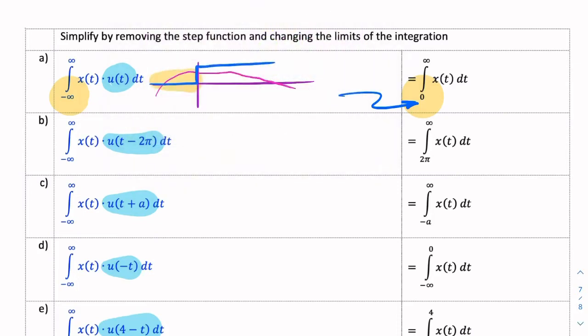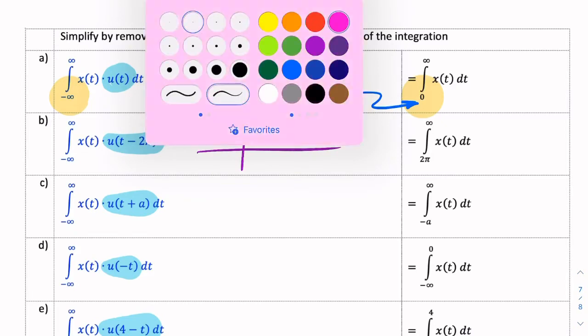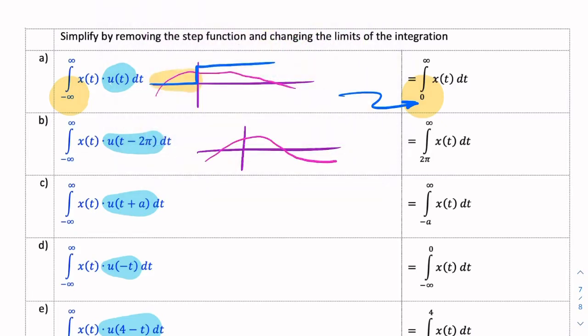So for the next question, it's exactly the same. We have a signal x of t, we don't know what that is, but it's multiplied by a shifted unit step. So the step starts at t equals 2 pi. So the unit step is 0 until time 2 pi.